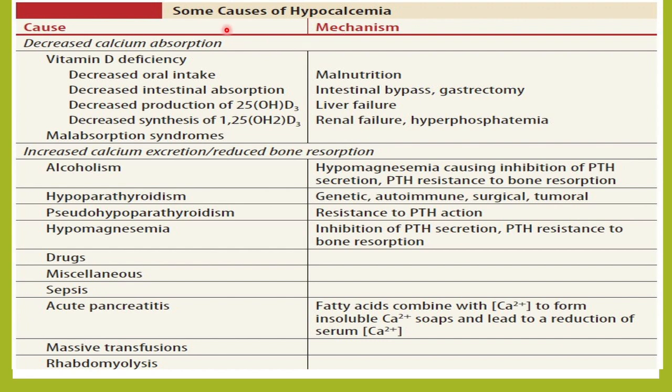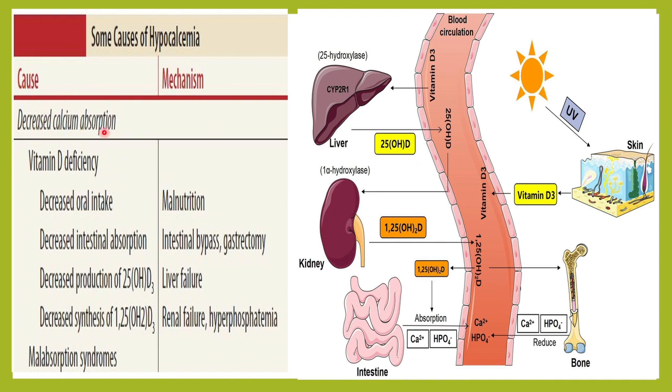So let us see a few causes of hypocalcemia. When I say decreased calcium absorption, we all know that calcium is absorbed in the small intestine. 80 to 90% of calcium is absorbed in the small intestine, and around 3 to 6% is absorbed in the large intestine.